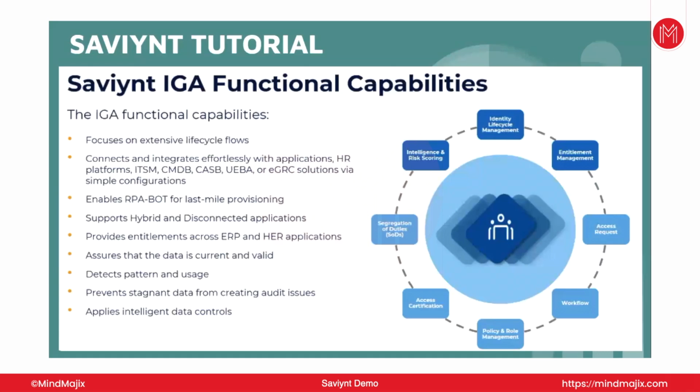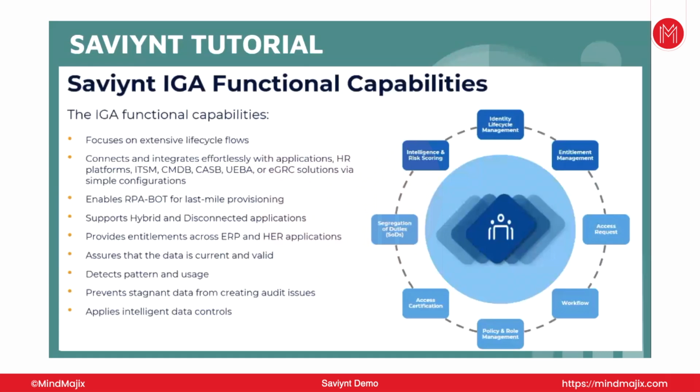Coming to the next point, that is the RPA board. We will talk about it later, but Saviynt has introduced a new feature in it, the RPA board, which provides an automatic bot for your basic queries and even your advanced queries. It checks the patterns of whatever you are performing, and according to that, it gives you suggestions.